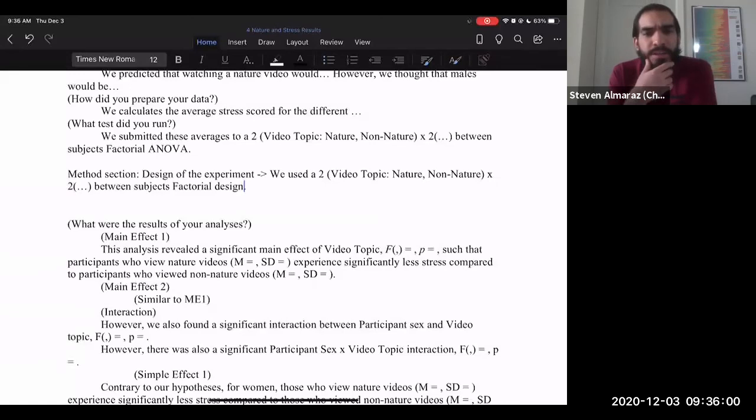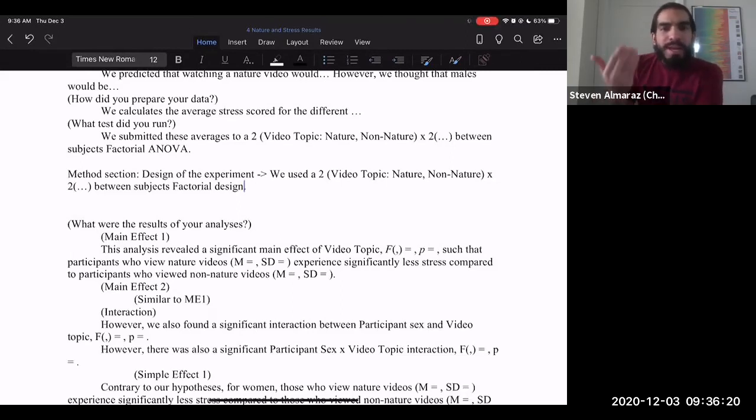All right. So for the test that you ran, you're basically just taking that design and adding the word ANOVA. Okay. That's all you have to do. What kind of ANOVA did we run? We ran the design kind of ANOVA. All right.